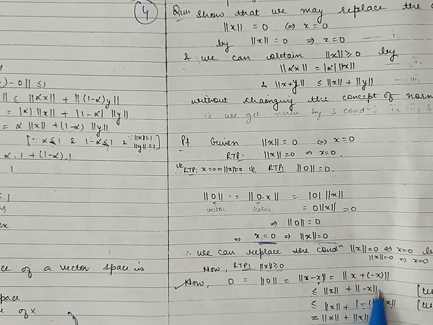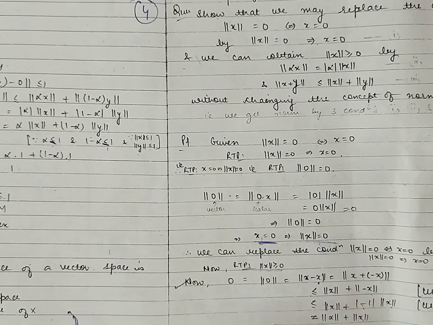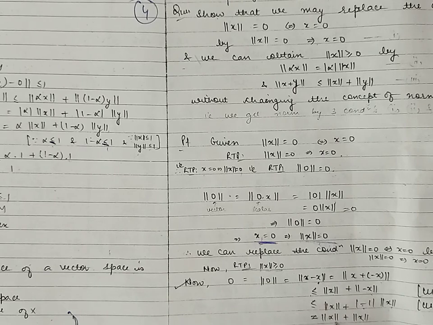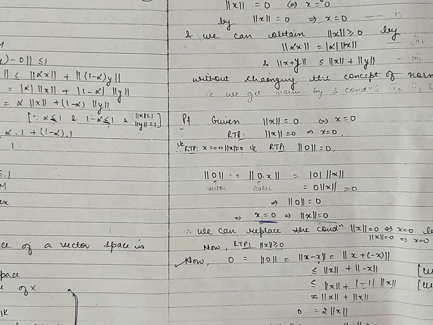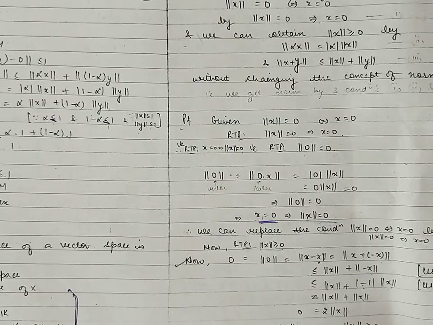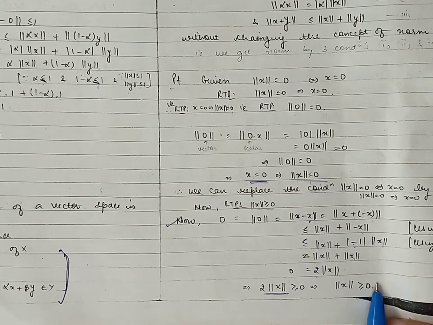Here, using the absolute homogeneous property, this will become mod of minus 1 into norm of x. Now mod of minus 1 is 1, so we get norm of the 0 vector is less than or equal to norm x plus norm x. So from here we get 2 times norm x is greater than or equal to 0. So this further implies that norm of x is greater than or equal to 0. So this proves the non-negativity of norm.